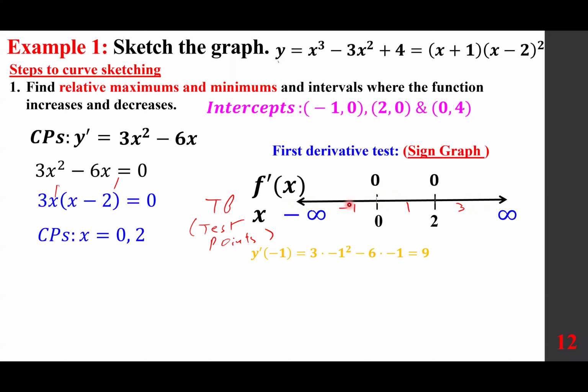Now, if you want to test everything, and you don't have to, as I mentioned, this is good enough. You do one of them. But from -1, if you plug in 3 times -1 quantity squared minus 6 times -1, that is 3 plus 6, which is +9, because this is +6, everybody.